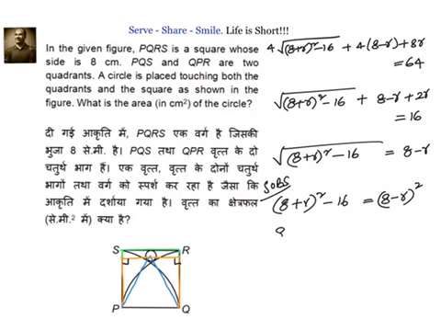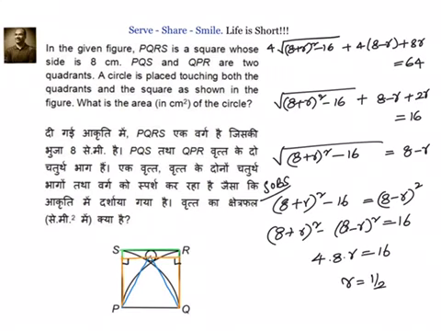Now we have an algebraic formula: (a plus b) whole square minus (a minus b) whole square is equal to 4ab. Applying that, 4 into 8 into r equal to 16, or r equal to 1 by 2. Now once we know r equals 1 by 2, the area of the circle is given by pi r square, which is 22 by 7 into 1 by 2 into 1 by 2. Simplifying, that will be equal to 11 by 14 cm square.